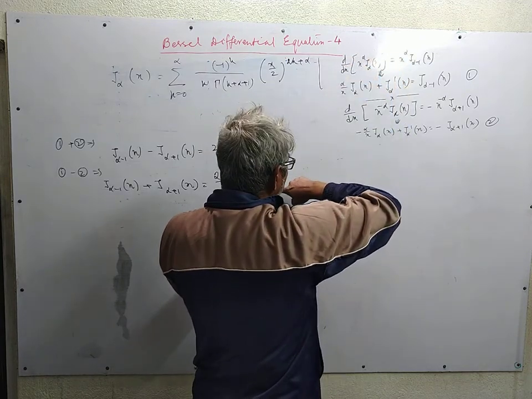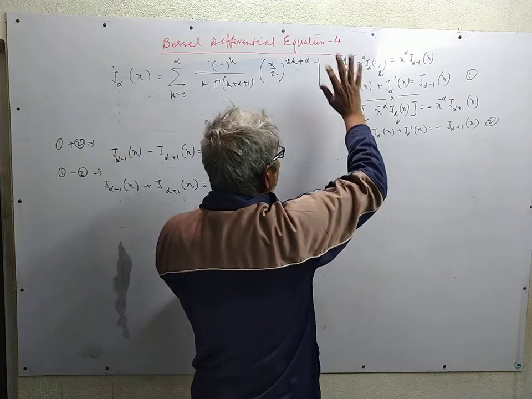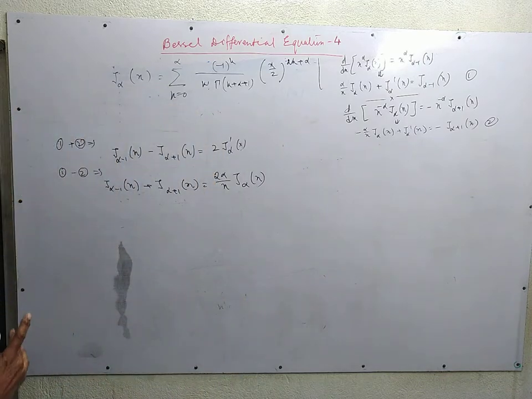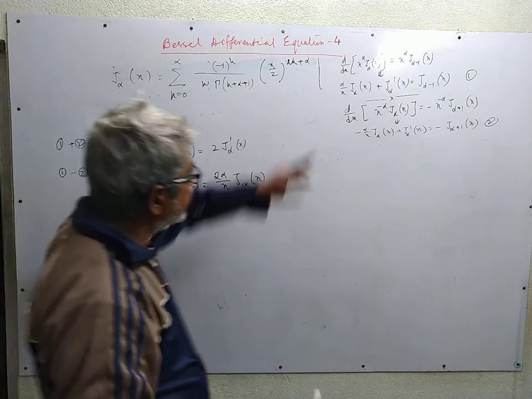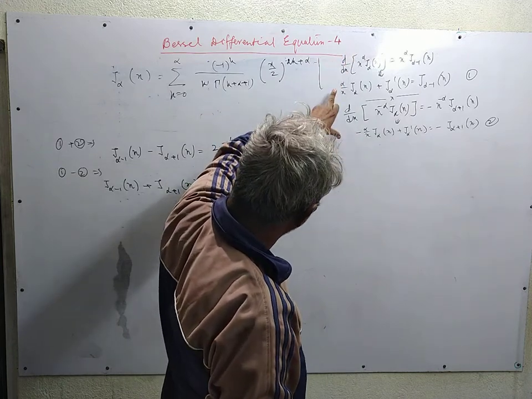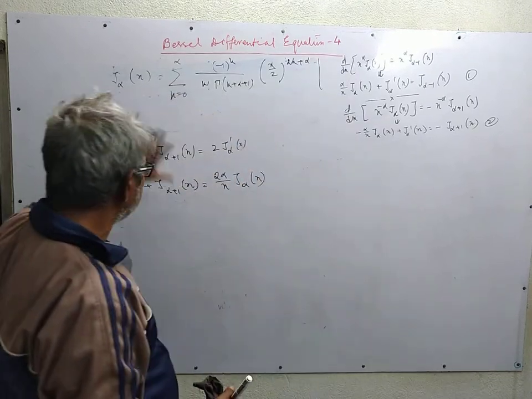So the trip was starting from here, we landed up there, and here we have obtained the relations in the reverse order. Firstly we get this relation, then from there this relation and a similar relation, and when they are added or subtracted from one another, we get these two results.